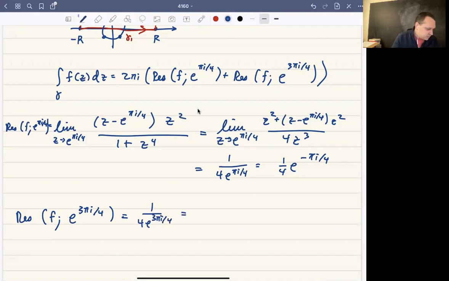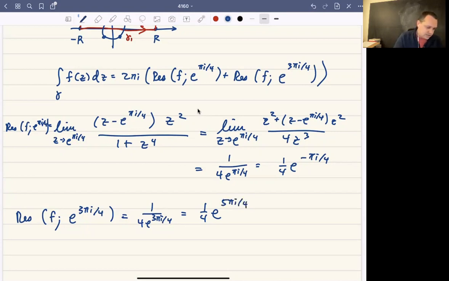And so that's going to end up being 1/4 e to the 5 pi I over 4.